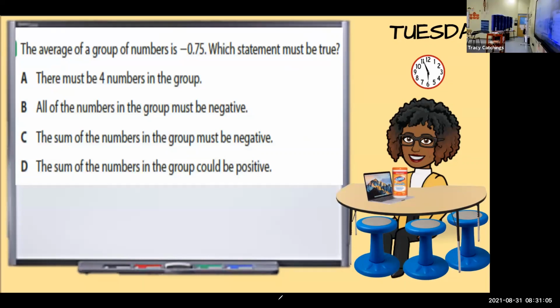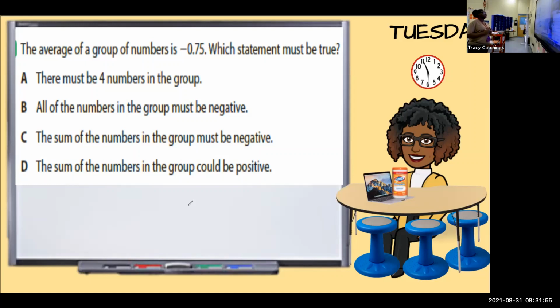All right, I'm gonna give you about 30 seconds to a minute. All right, it says the average of a group of numbers is negative 0.75.